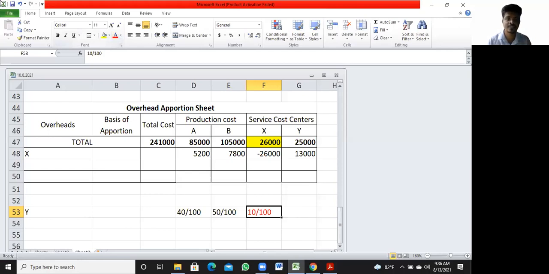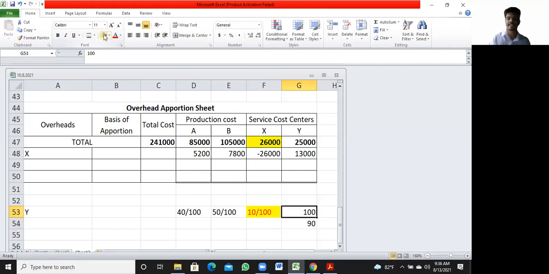If there is a total cost of 100 and we remove 10, the total cost of y is 90.